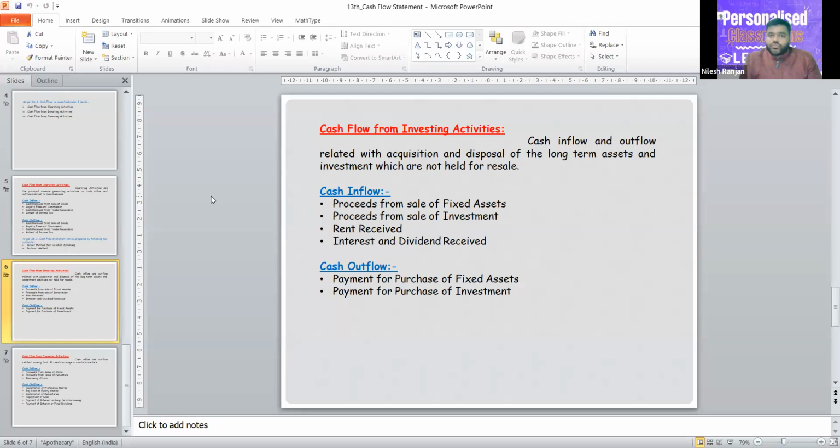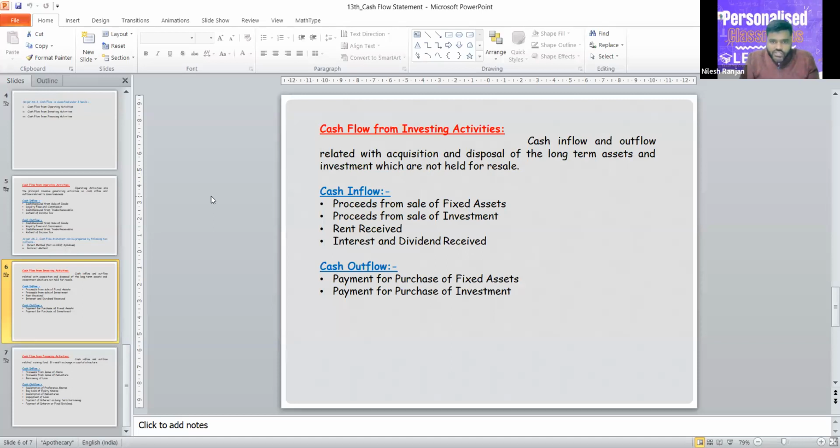If we purchase something for the purpose of resale, then it should come under operating activities. Cash inflow and outflow related with acquisition and disposal of long-term assets means either we will purchase the long-term asset or we will sell the long-term asset. Both are included in investing activities.